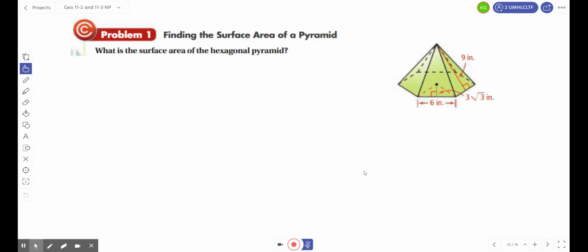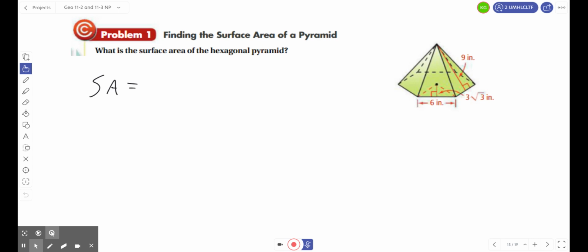All right, what is the surface area of this hexagonal pyramid? So let's talk about it. They've given us here all the information we need. So first of all, remember the surface area is going to be, well, we didn't write down a general formula for it yet, so let's do that.